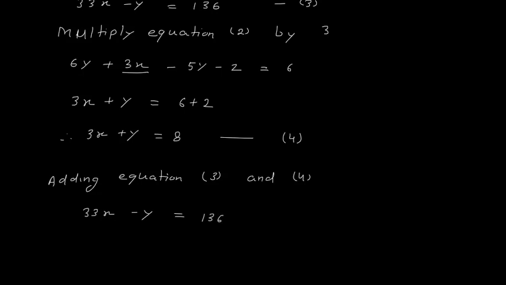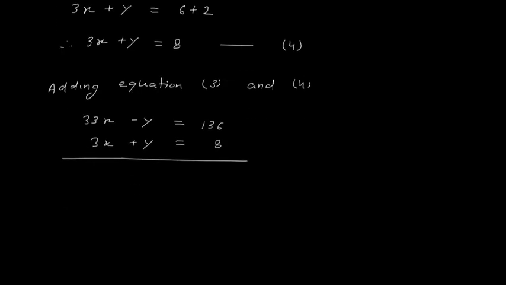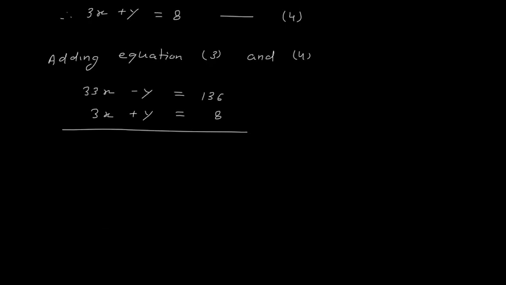Equation 4 is 3x plus y is equals to 8. I will add them. 33 plus 3 is 36. So this is 36x, y will cancel. 8 plus 6, 14, 1 carry, 3 plus 1, 4, 1, 144. Therefore x will become 144 upon 36.